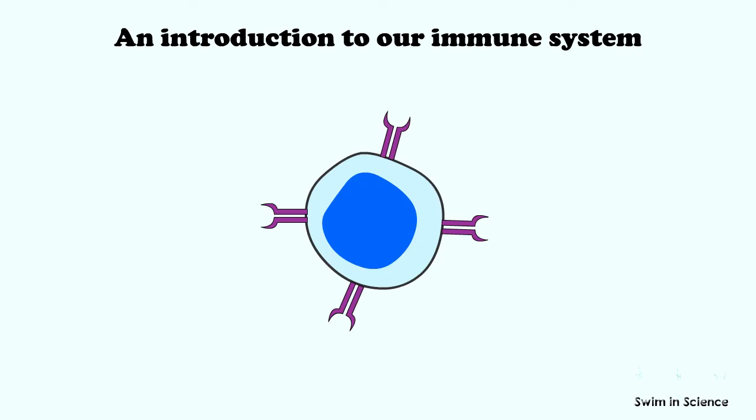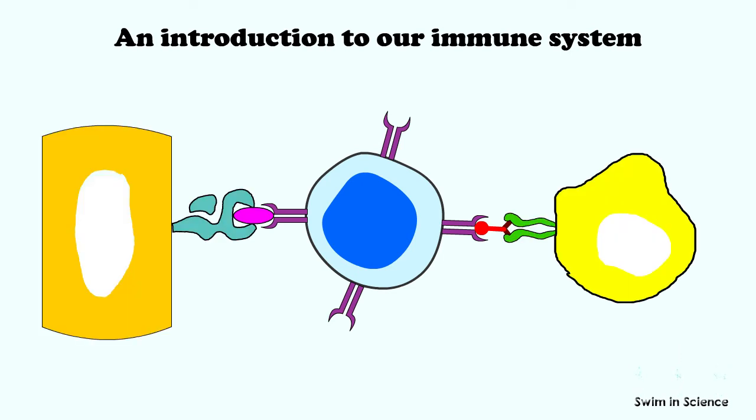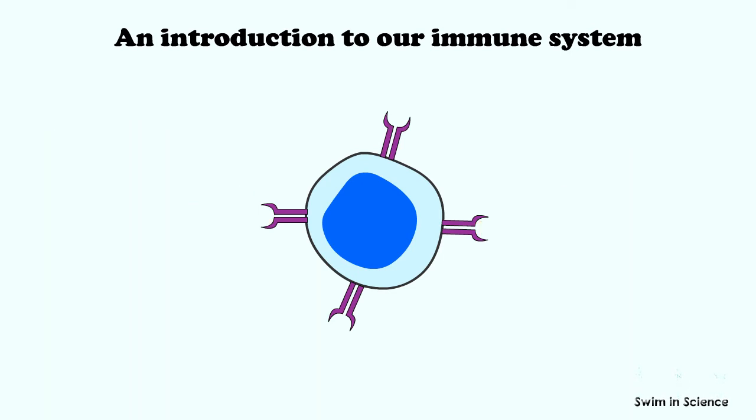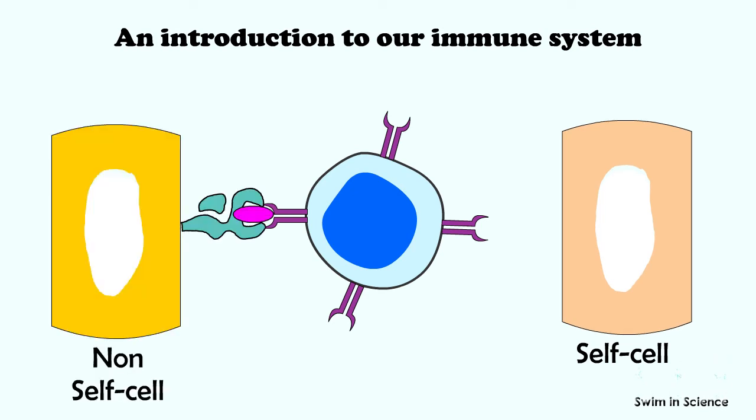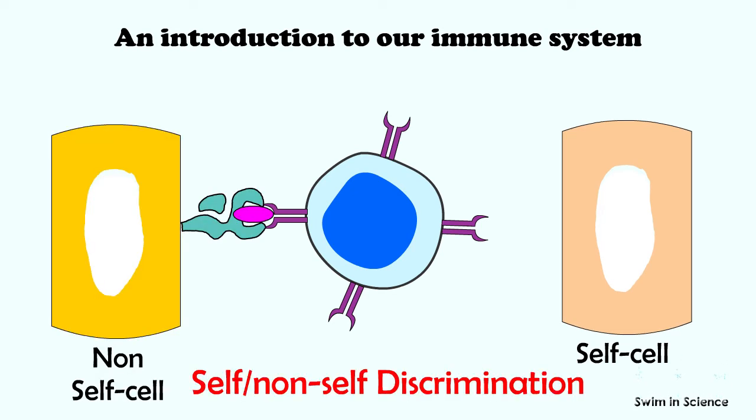So, T cells have the property to recognize only particular antigens that are associated with MHC molecules. It means it can discriminate which is a normal body cell and which is abnormal. This property is called self to non-self discrimination, and it is a unique property of our adaptive immune system.